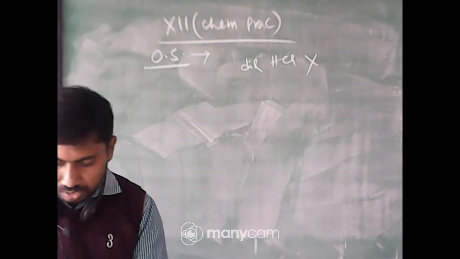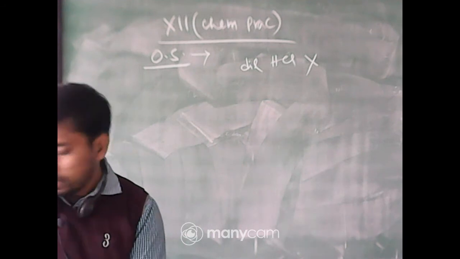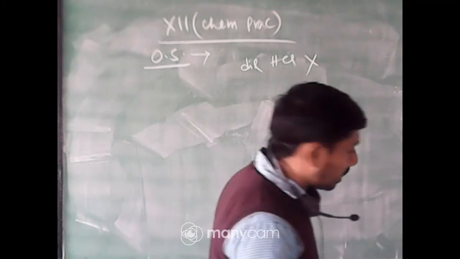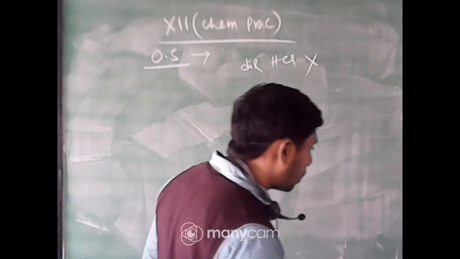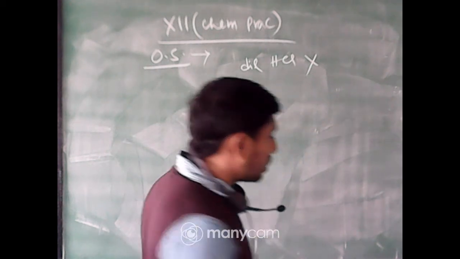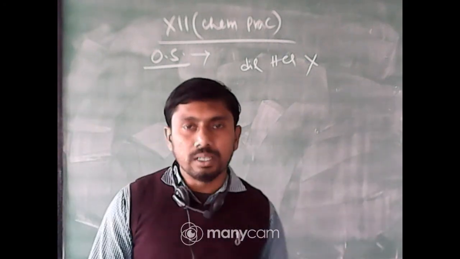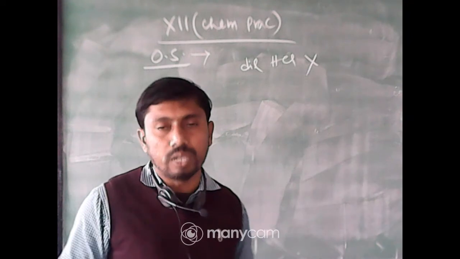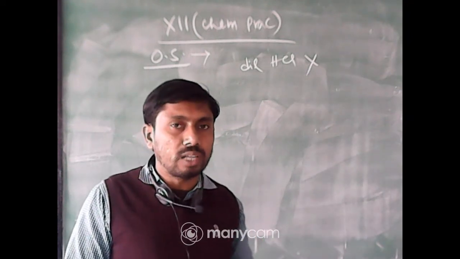No need to take a lot of sample. Now the second method is the dry test. What is this dry test? Dry test is that first of all you test it with dilute sulfuric acid, then concentrated sulfuric acid. These two tests are basically for the anion.